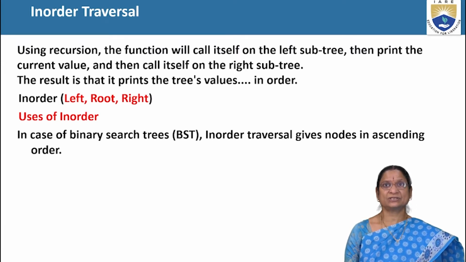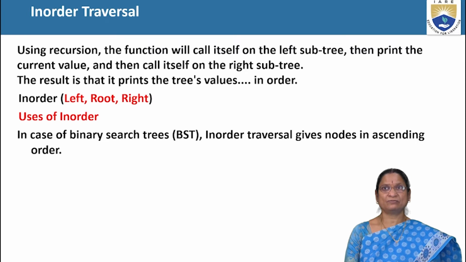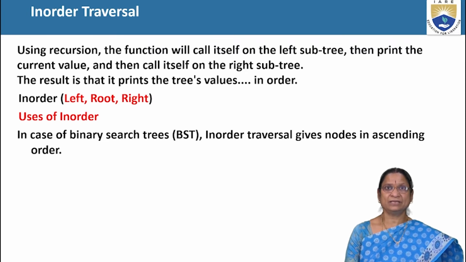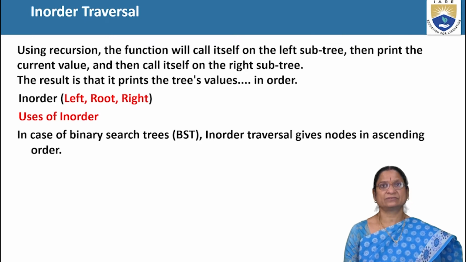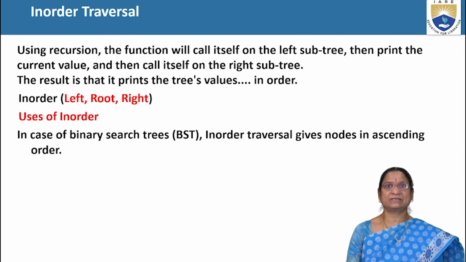So using recursion, the function will call itself on the left subtree, then print the current value, and then call itself on the right subtree. The result is that it prints the tree values in in-order traversal. That means in-order means left, root, right. So the root is in between the left subtree and right subtree. Where is in-order going to be used?